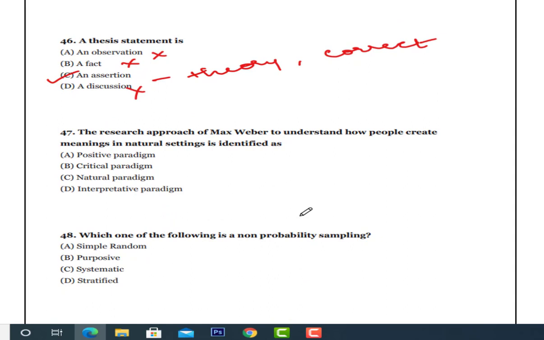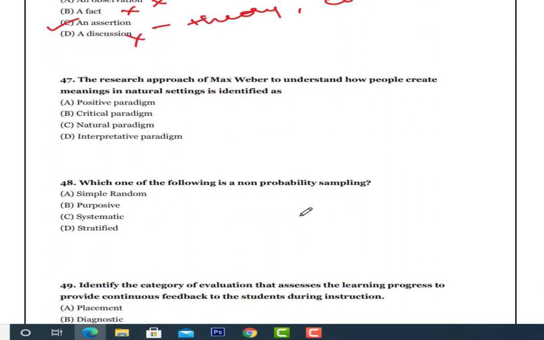The next one. The research approach of Max Weber to understand how people create meanings in natural settings is identified as... how people understand the meaning of each and every thing. That indicates the interpretative paradigm. It is not about the positivist or critical or natural paradigm. It is about their level of understanding.